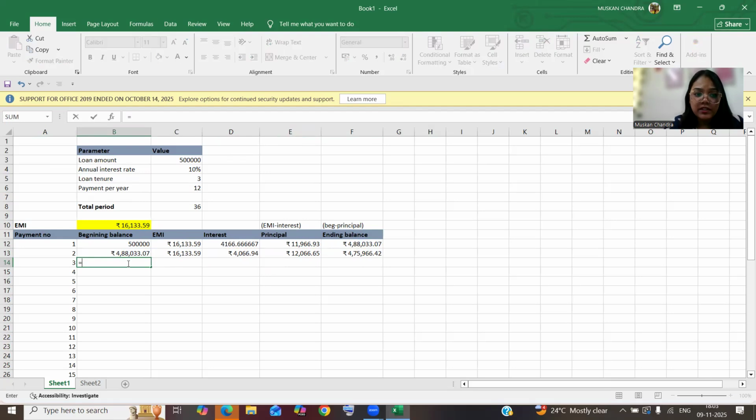Now for the third payment number, the beginning balance will become the ending balance of the second payment number. Enter. As we all know, EMI will always remain the same.